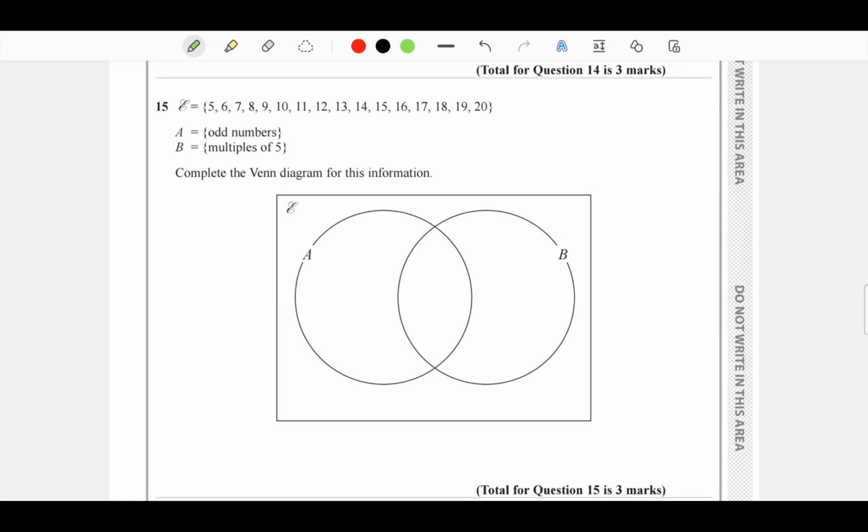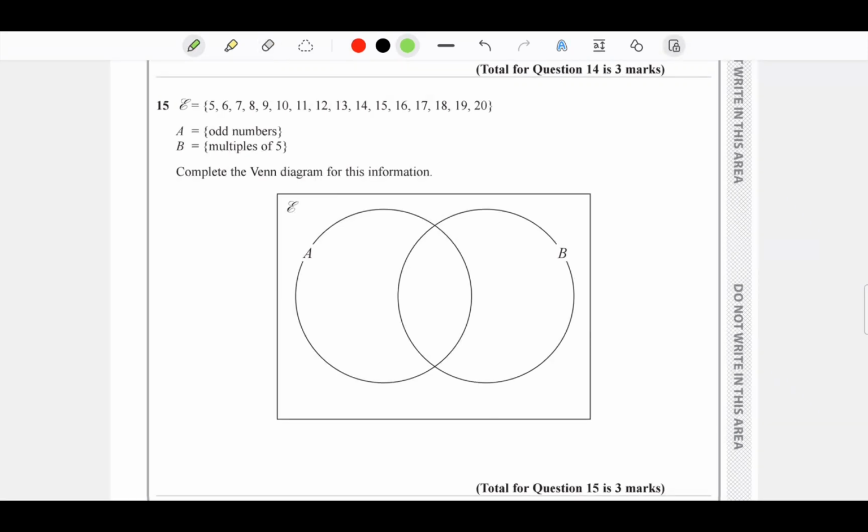Complete the Venn diagram for this information. Question 15. A is odd numbers, B is multiples of 5. Complete the Venn diagram for this information. Alright, so what we're going to do now is write in all the odd numbers into A and the multiples of 5 into B first.